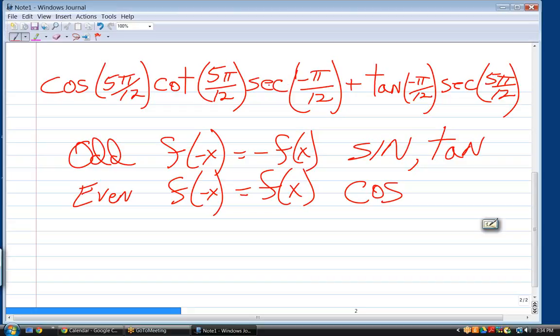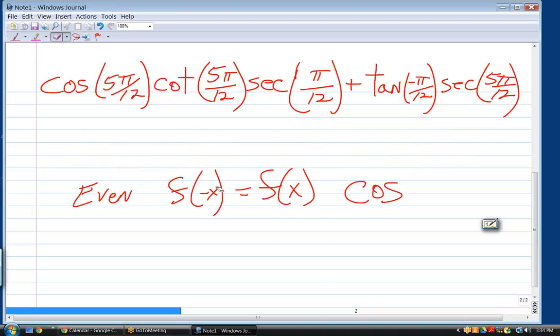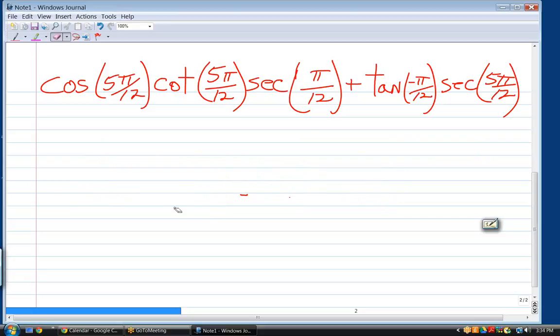Is secant odd or even? Even. Which means the secant of pi over 12 is the same as the secant of negative pi over 12. Okay. So let me erase this so that when you're following this, it'll be a little bit easier. Let's place it down below.